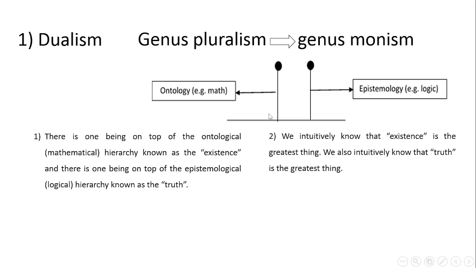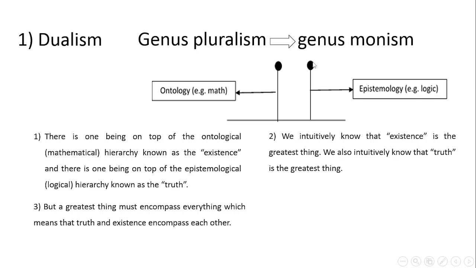Premise 2 posits that we intuitively know that existence is the greatest thing. We also intuitively know that truth is the greatest thing. Premise 3 suggests that a greatest thing by definition must encompass everything, which means that truth and existence encompass each other.